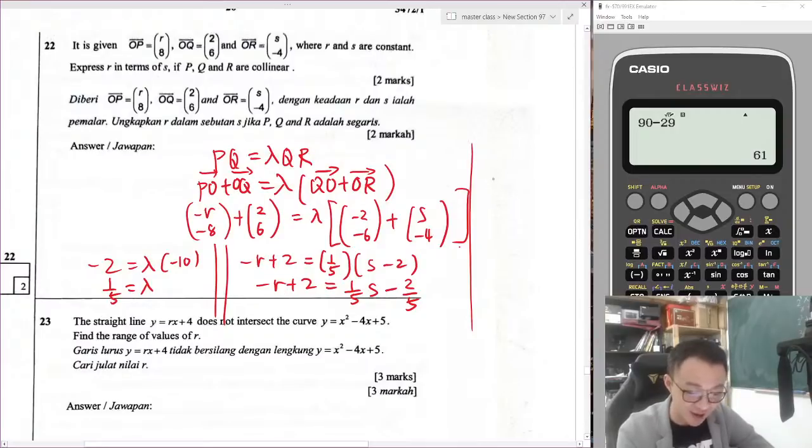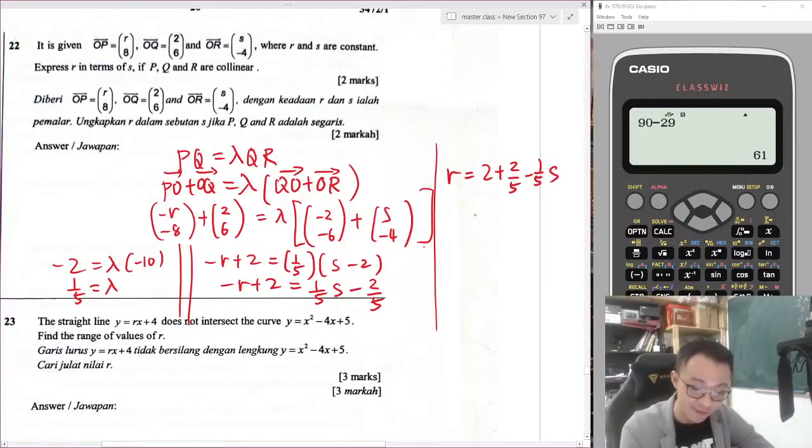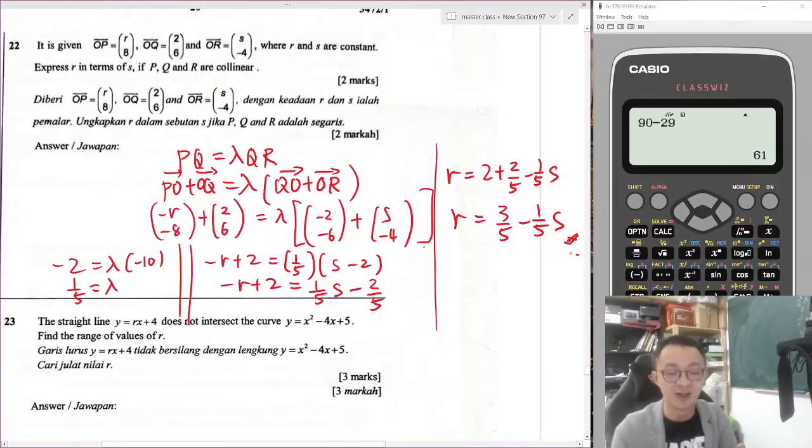I move the r to the other side. So it equals to 2 plus 2 over 5 minus 1 over 5s. So my r is 3 over 5 minus 1 over 5s. Done. This is how you solve it. As long as they didn't mention cannot use, Paper 2 can use the matrix method. Yeah, you can use the matrix methods.